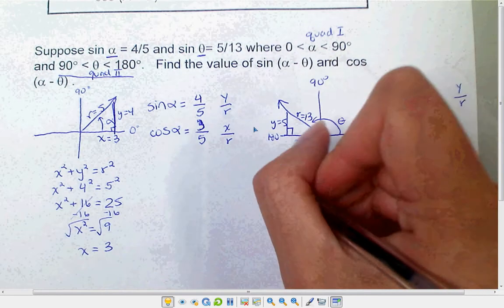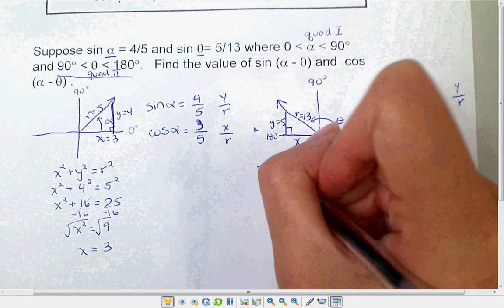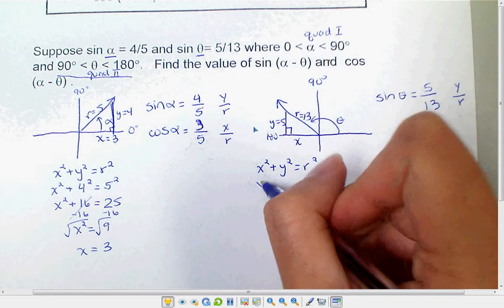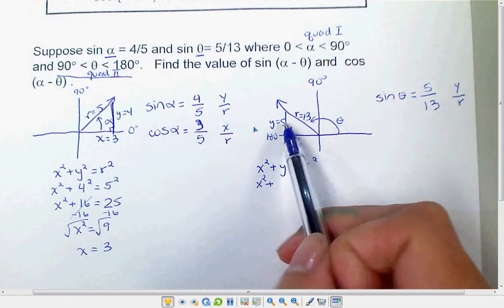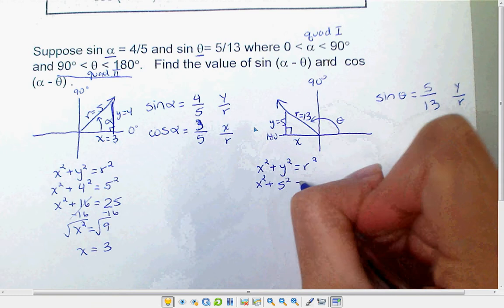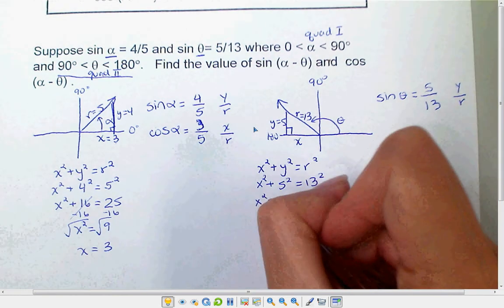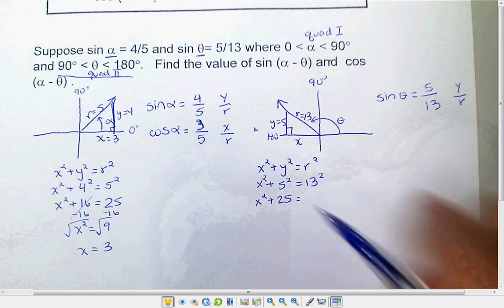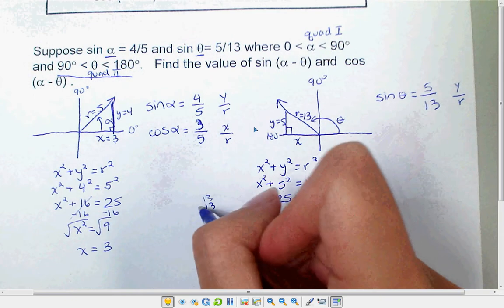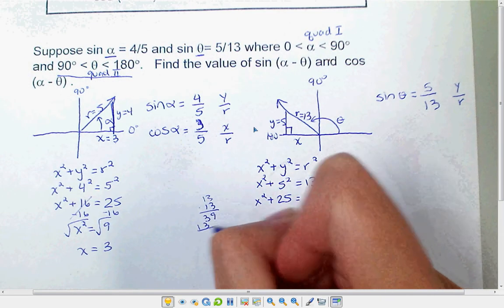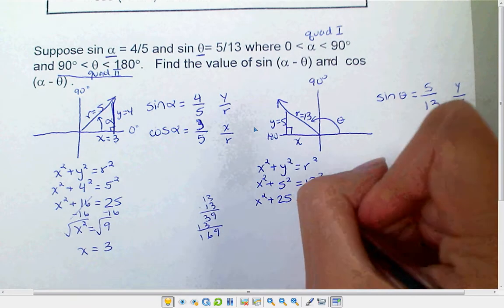So again, with the Pythagorean theorem, we have x squared plus y squared equals r squared. We can plug in y is 5 and r is 13. So x squared plus 25 equals 13 times 13, which is 169.